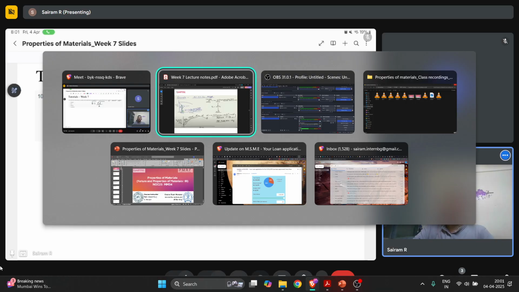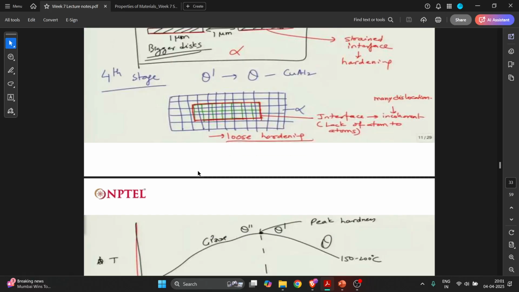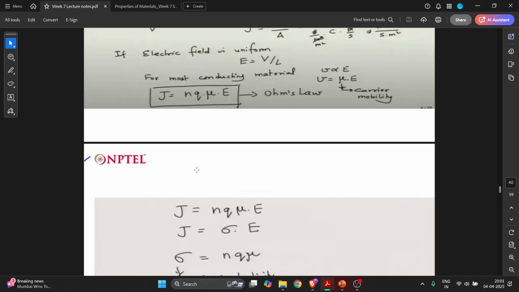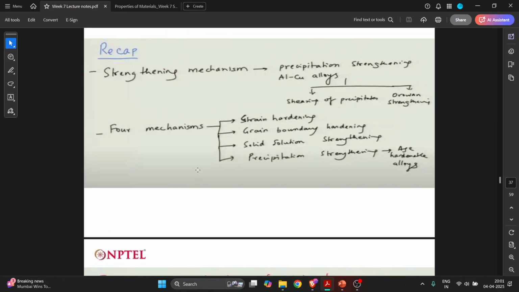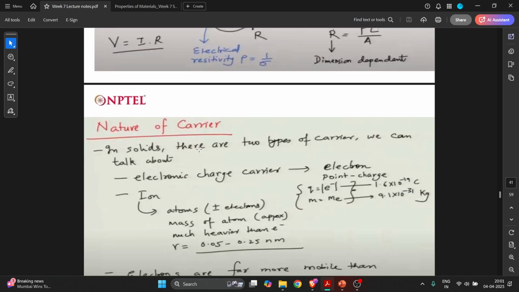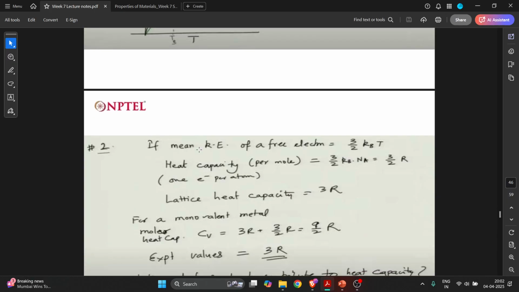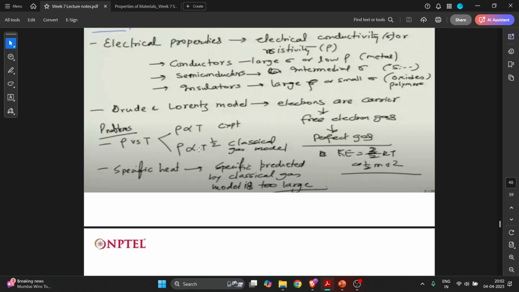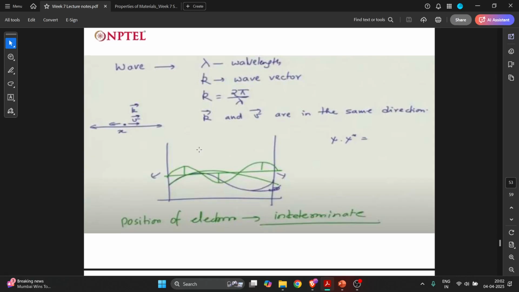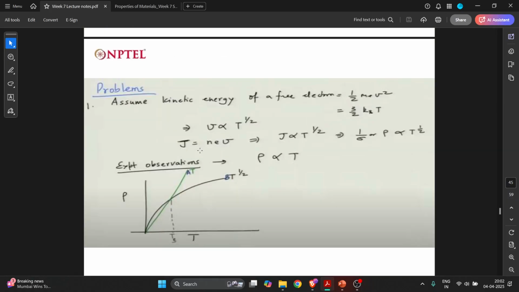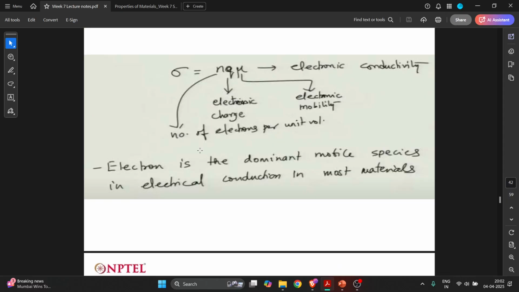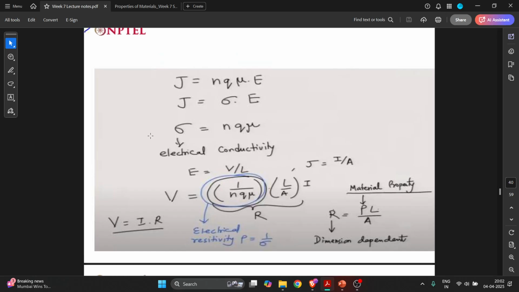We can confirm it quickly from the class notes as well. Yes, R equals rho L by A, and so rho equals R A by L.